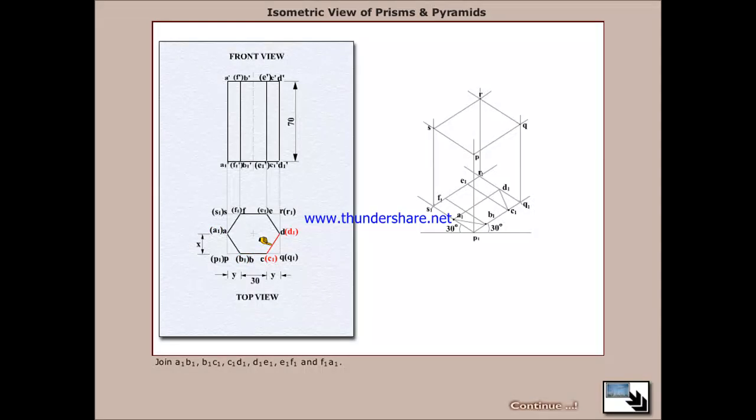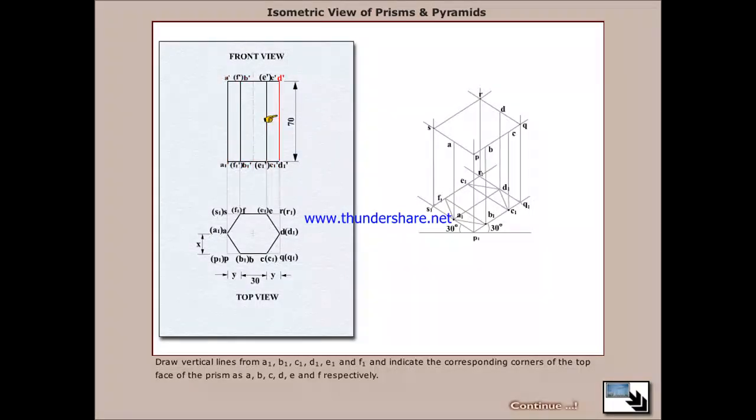Join A1B1, B1C1, C1D1, D1E1, E1F1 and F1A1. Draw vertical lines from A1, B1, C1, D1, E1 and F1 and indicate the corresponding corners of the top face of the prism as A, B, C, D, E and F respectively.